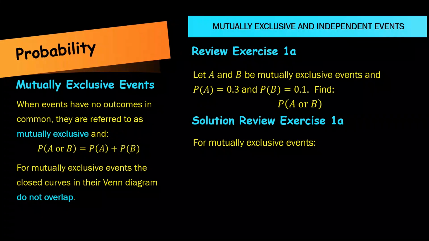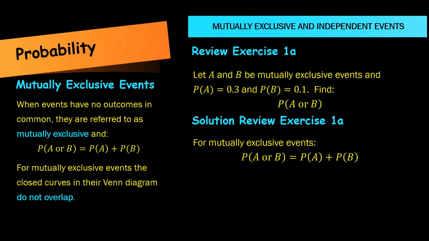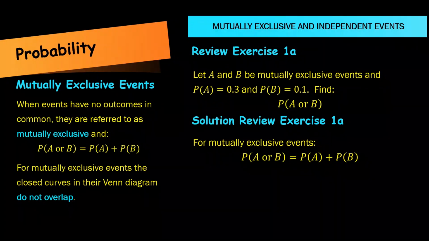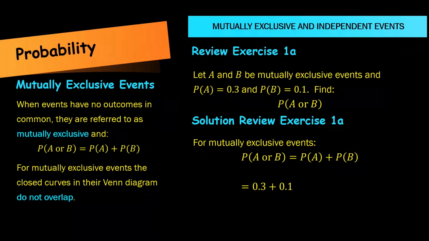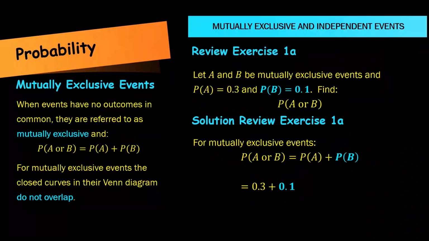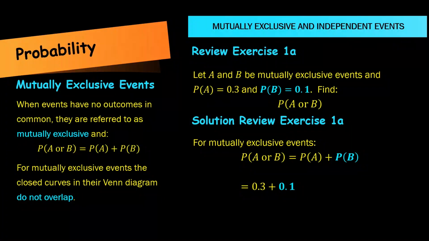For mutually exclusive events, probability of A or B equals probability of A plus probability of B, which equals 0.3 plus 0.1, which is of course 0.4.